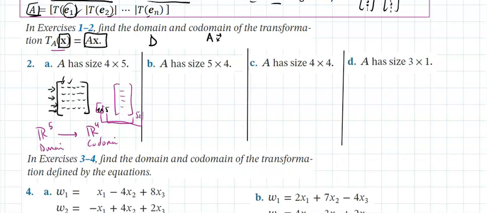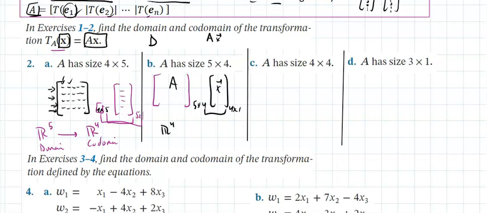So again, let's look at this one right here. If I have 5 by 4, this is A. So again, recall, this is the transformation. The transformation is taking any vector you input and multiplying it by this A. What must x be? X is the domain. X is the input. I must input what? 4 by 1?